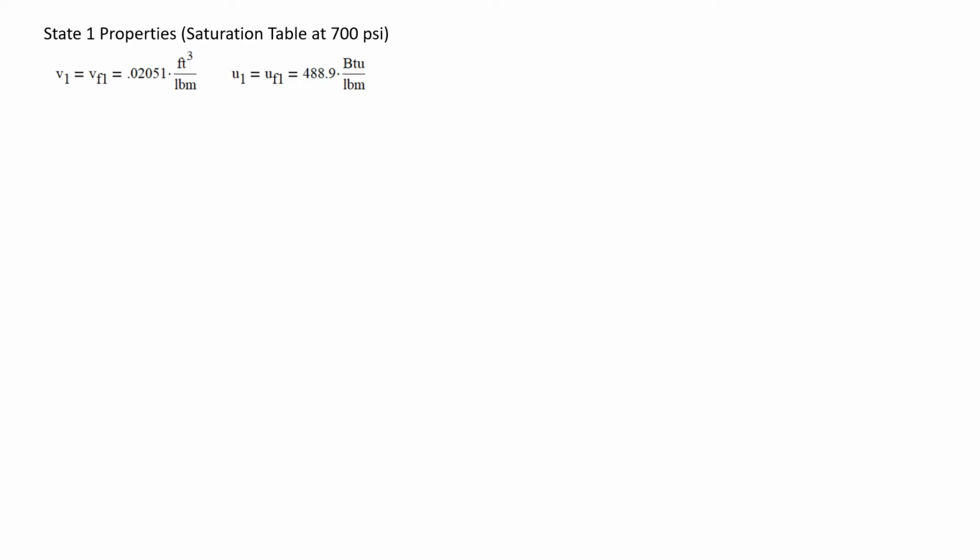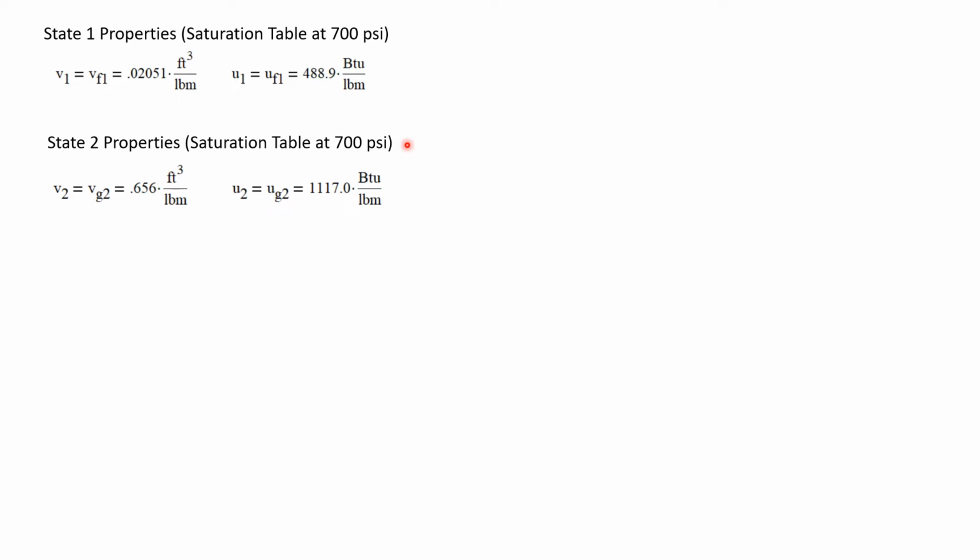Beginning with state 1, we're going to use the saturation table at 700 psi, and this is a saturated liquid. So state 1's specific volume is just V sub F, which is 0.02051 cubic feet per pound mass. And U1 is U sub F, which is 488.9 BTUs per pound mass.